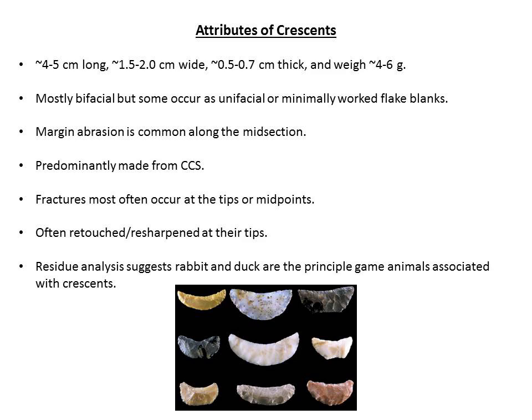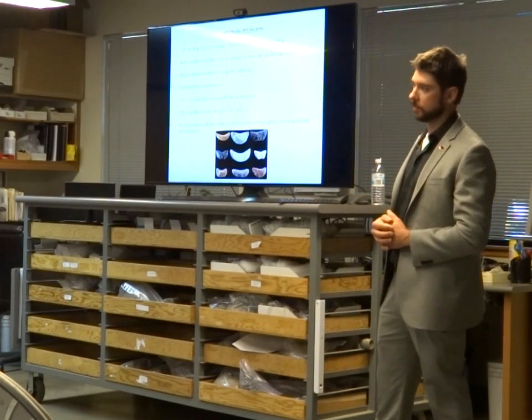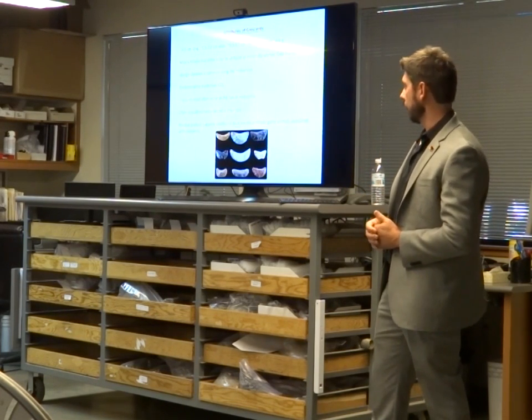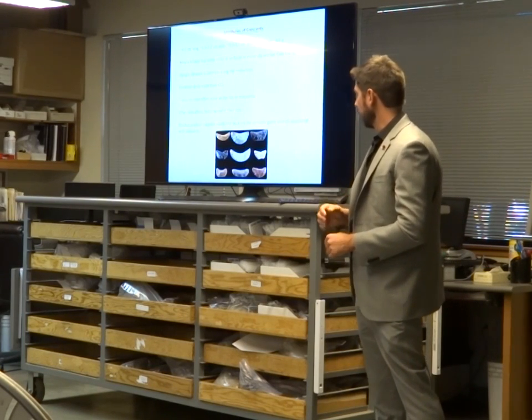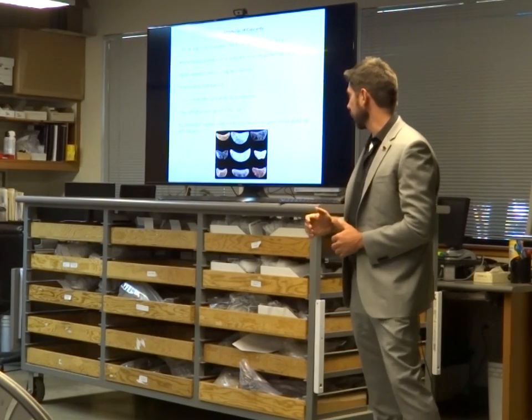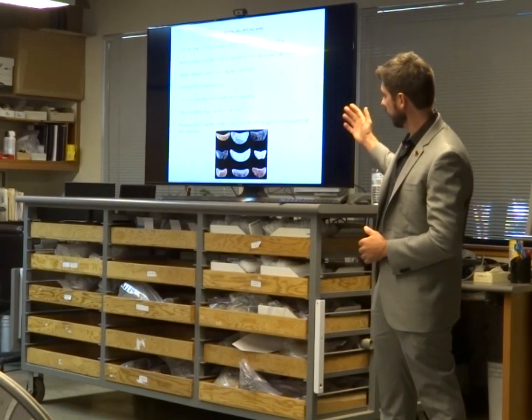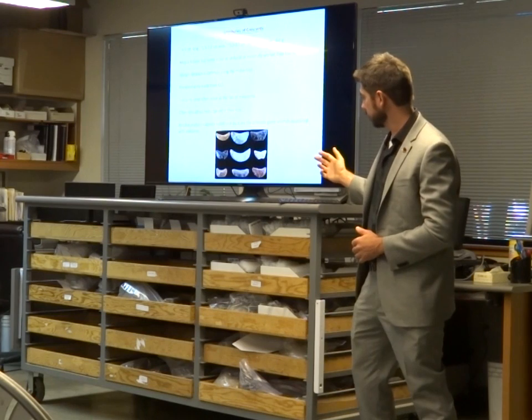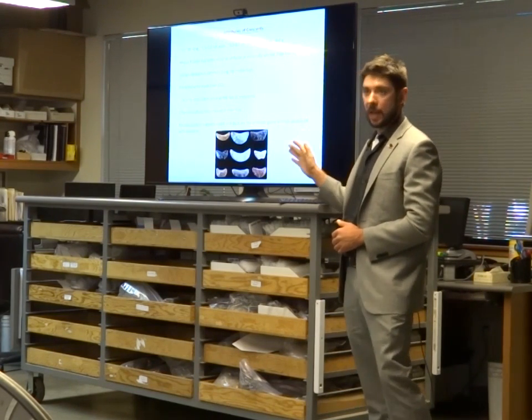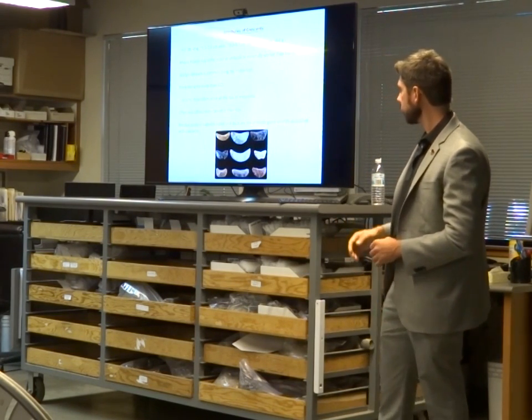Predominantly made from CCS, even in areas where obsidian is abundant and CCS is rare, like South Central Oregon, there still seems to be preferential selection for CCS. Up to 90% in some cases are always made from CCS. Fractures most commonly occur at the tips and midpoints. You get burin fractures that originate at the tip and extend down the convex margin, and you'll get snaps at the midpoints.